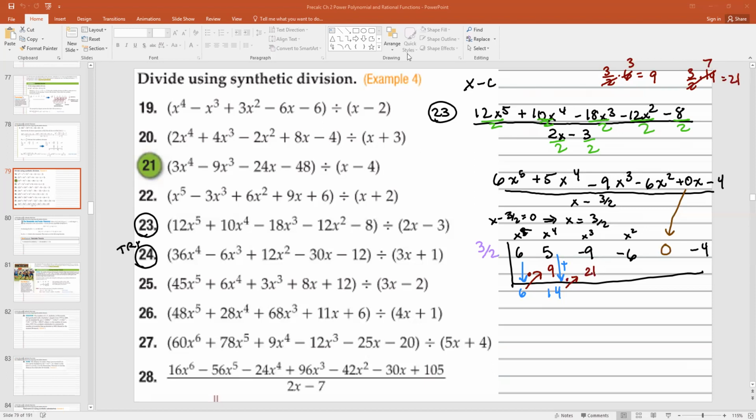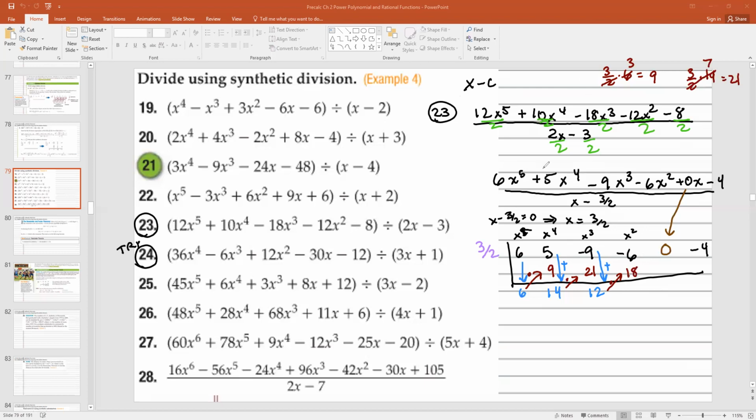And then add -9 plus 21. It's going to give us 12. And then multiply. If you want to do it in your head, you can. So 12 divided by 2 is 6 times 3 is going to give us 18.